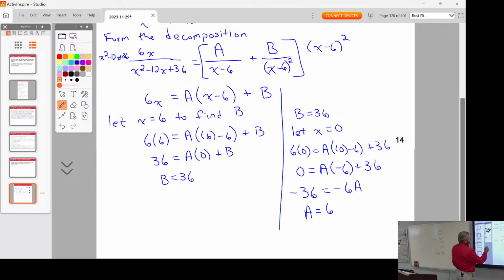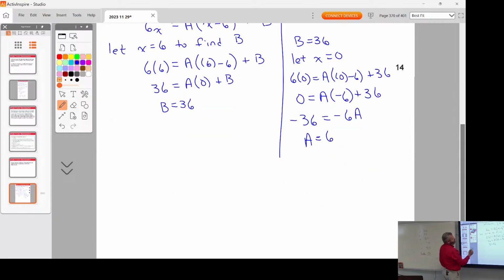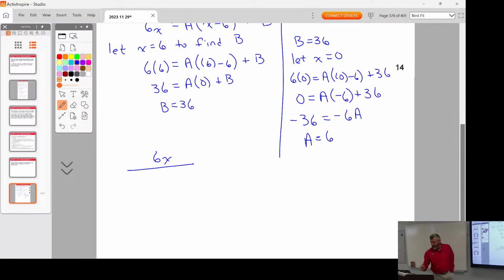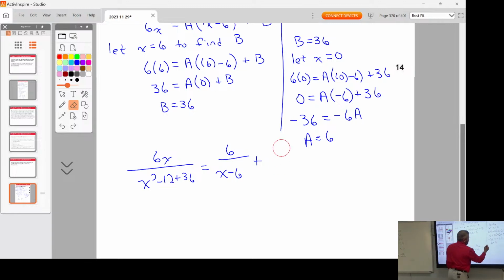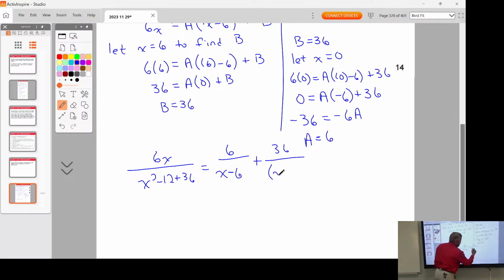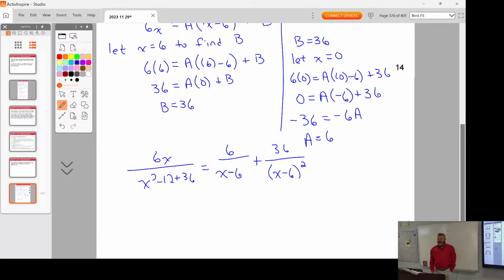So let's write our final answer. 6x over x squared minus 12x plus 36 is equal to A, which is 6 over x minus 6, plus 36 over x minus 6 squared, and that is the partial fraction decomposition of what we started with.